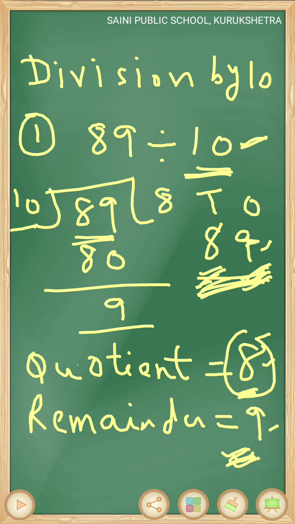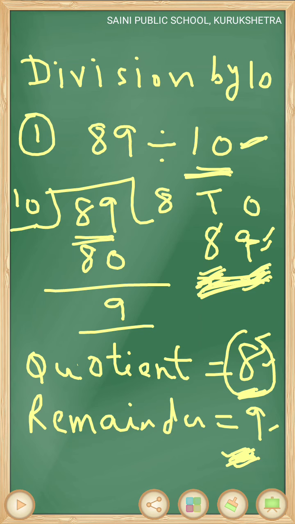While dividing a number by 10, we find the quotient by removing the ones digit from the number, and this remaining ones digit forms the remainder.